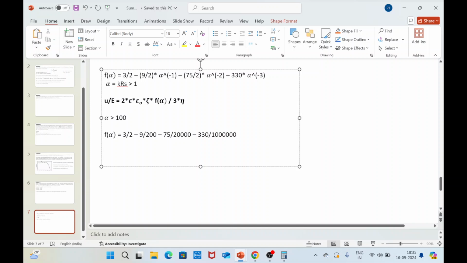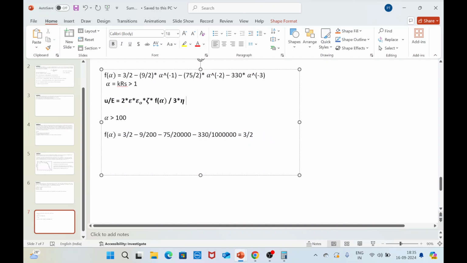So these higher order terms will give very negligible values. So you can write this as approximately 3 by 2 itself, right? Are you able to follow? Okay, so f of alpha comes out 3 by 2.